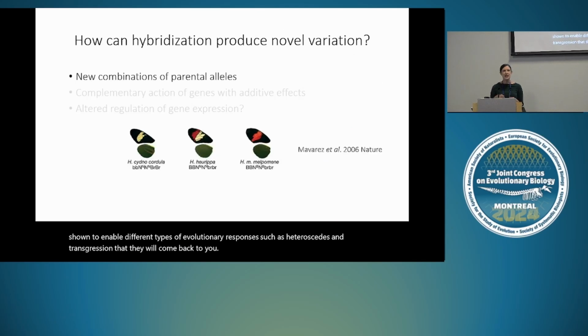Hybridization can create novel variation in a bunch of different ways. For instance, there can be novel combinations of different parental alleles that lead to mosaic new phenotypes, such as in the Heliconius butterflies here.